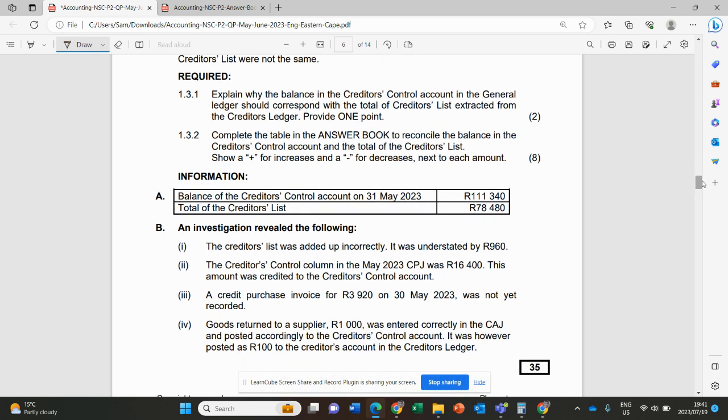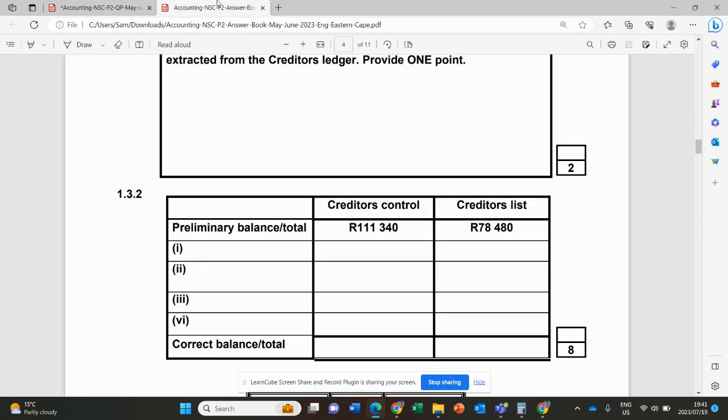It's an 8 mark question, whereby we need to do reconciliation. Then there's the answer book. We need to make the creditors control and the creditors list agree at the end. They start by not agreeing and they will end up agreeing.